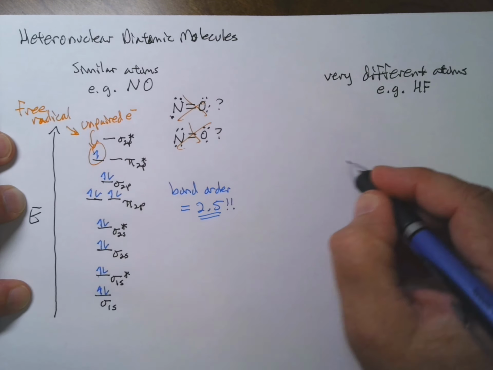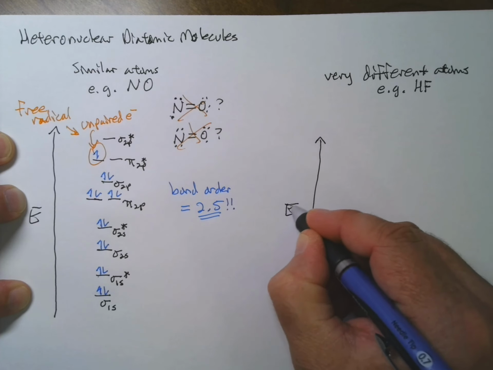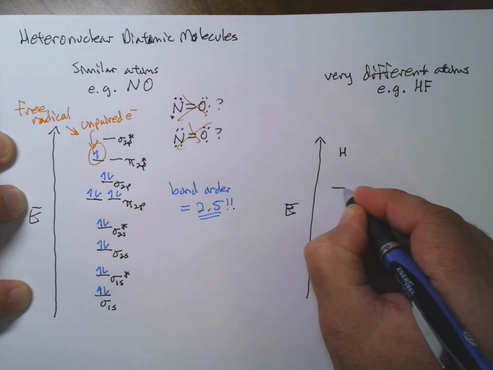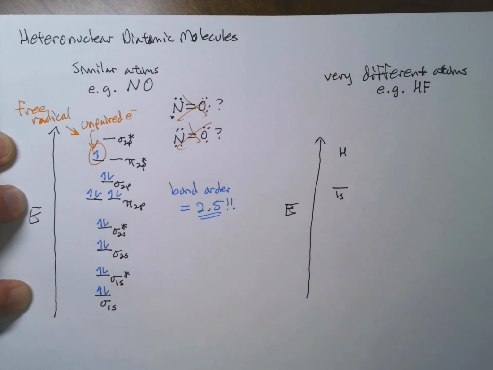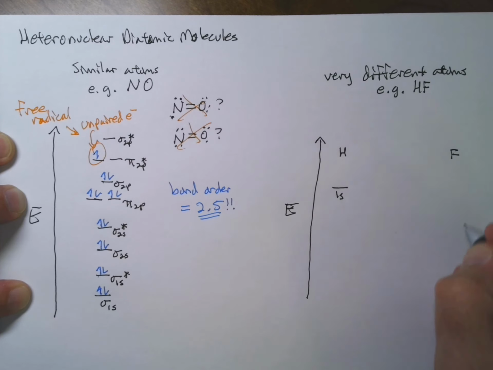That's my energy here. So now, if I draw this diagram here, I'm going to have my hydrogen, which has a 1s, and then I'm going to have on the other side my fluorine, and it turns out the energy of the fluorine is way down here, one of my 2p orbitals.